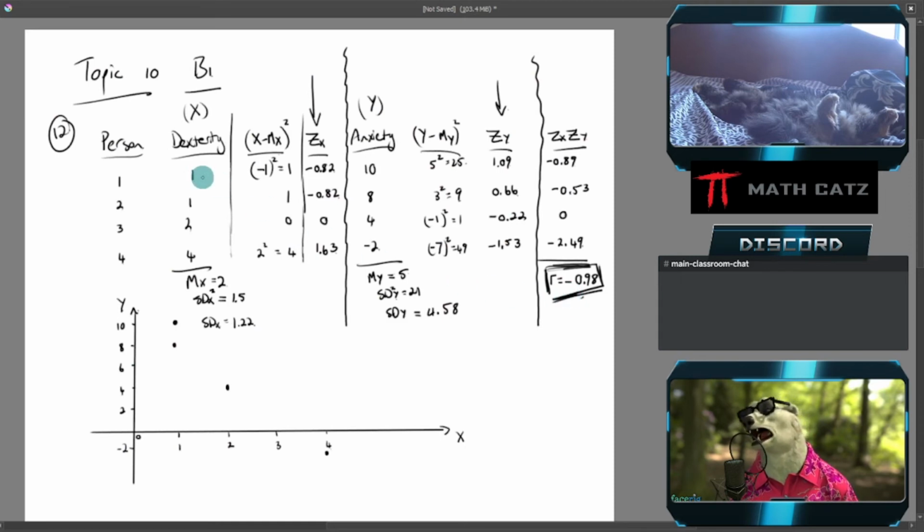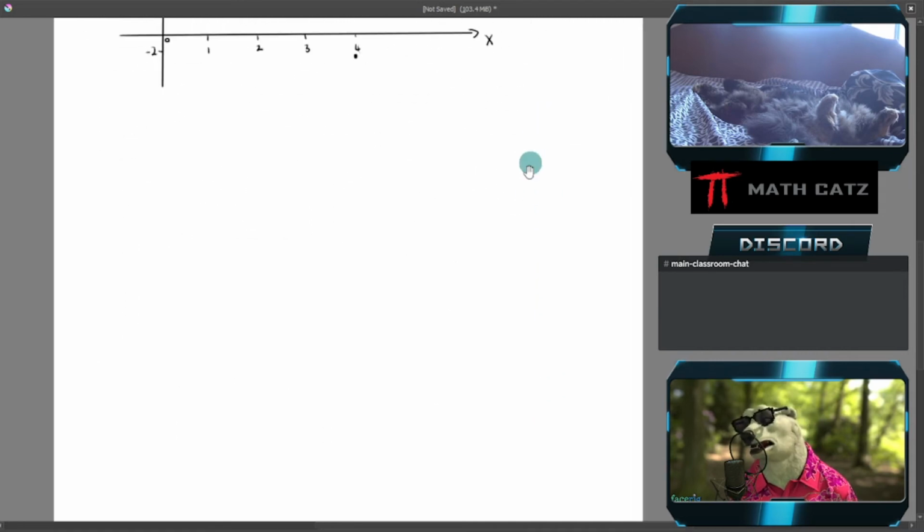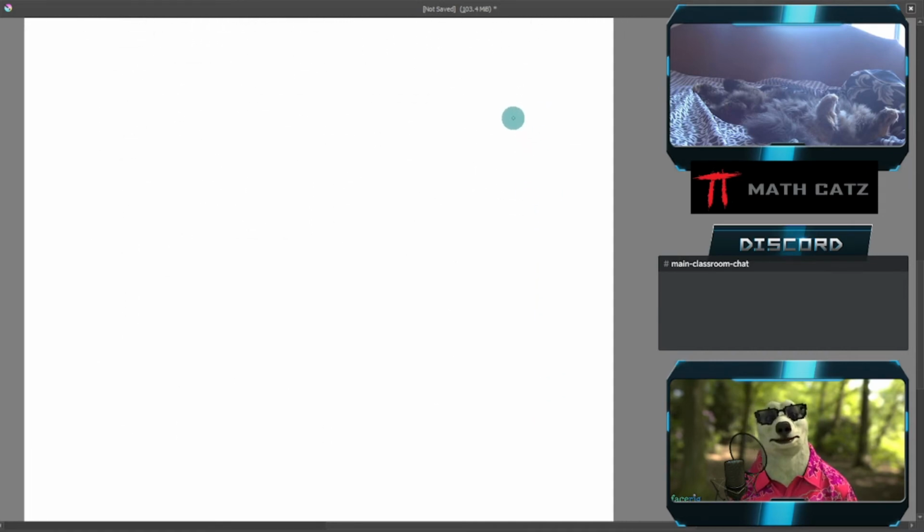We could have had two very rare and extreme sets of anxiety and dexterity scores, giving us a correlation coefficient that is not representative of the relationship between these variables in general. So there's still this sample element that we need to be aware of.